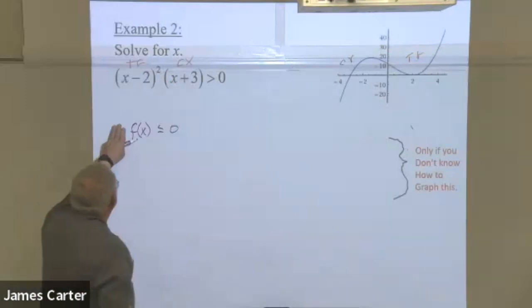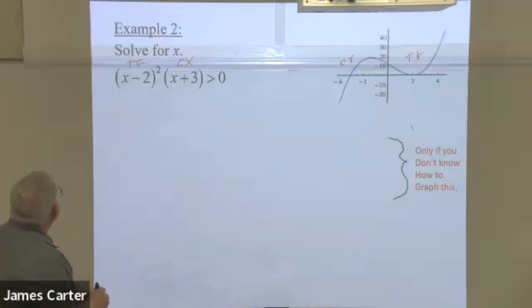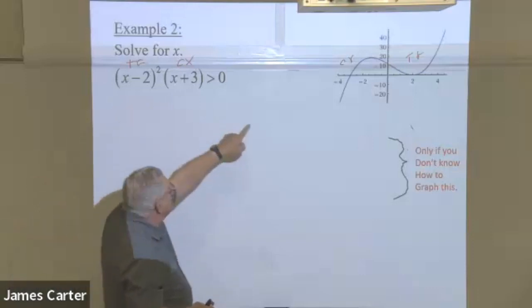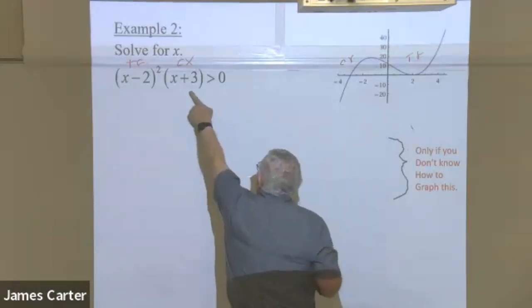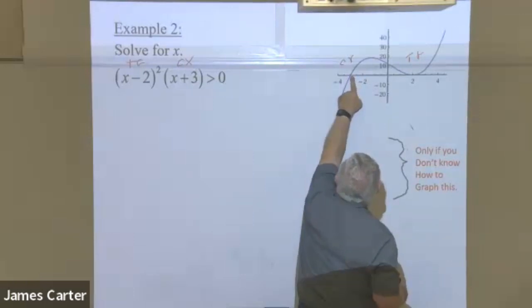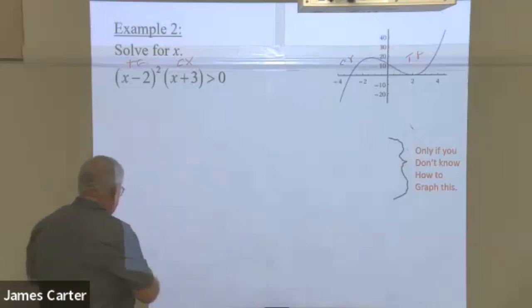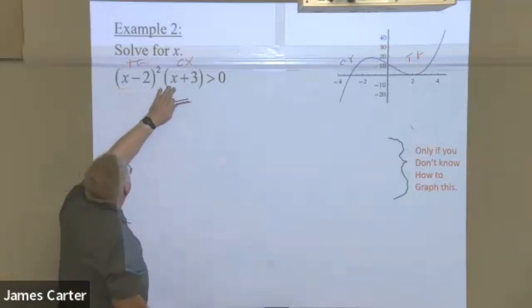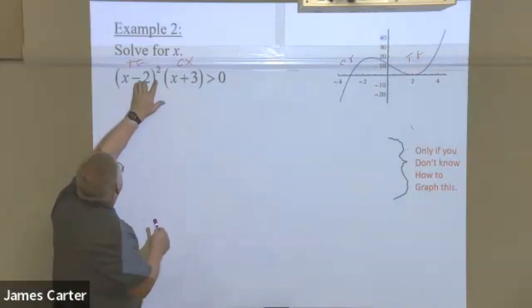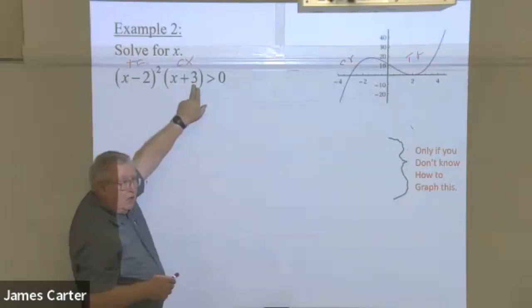Let me get rid of that. Now, solve for x. I've got a touch and go at 2. I've got a crossing point at -3. Okay? What is my y-intercept in this case? If x is 0, -2 squared is 4 times 3 is 12.